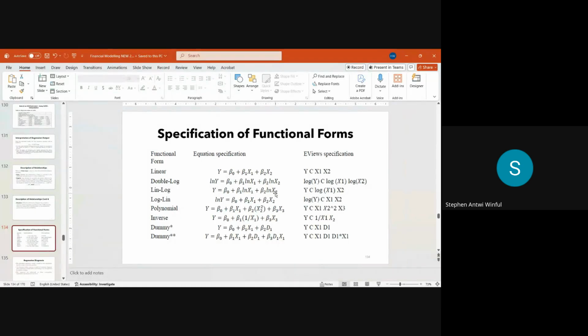Dummy variables are normally used when you are dealing with categorical variables, like gender, male or female, or the color of hair. Their way of specifying is different. For gender, you can say let 0 be male and 1 be female. Are you following?